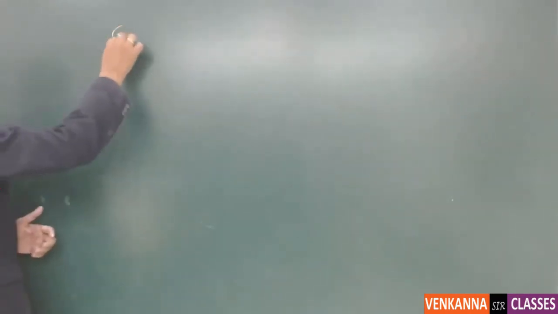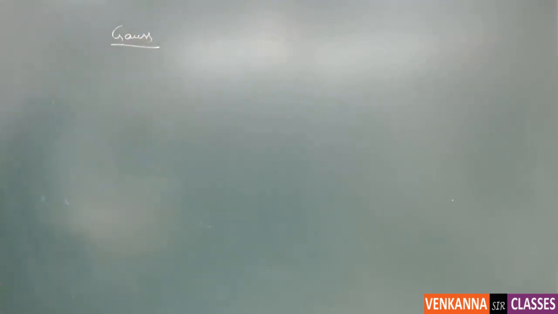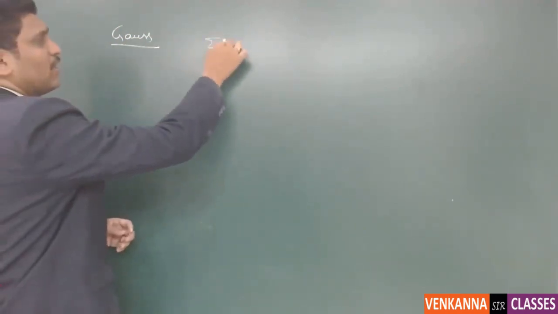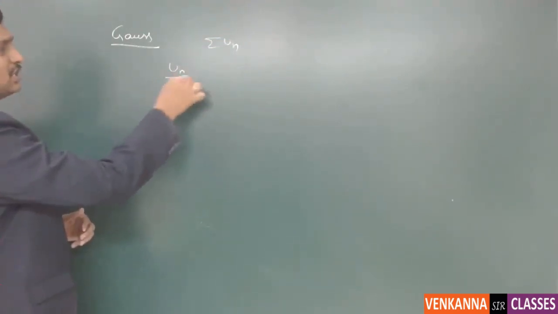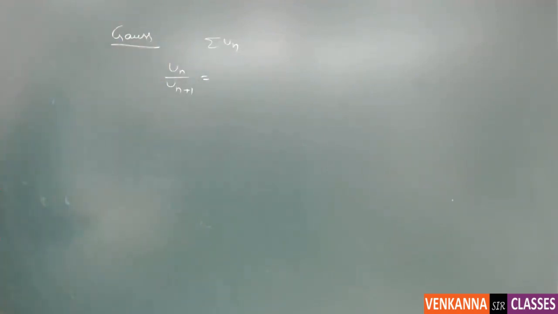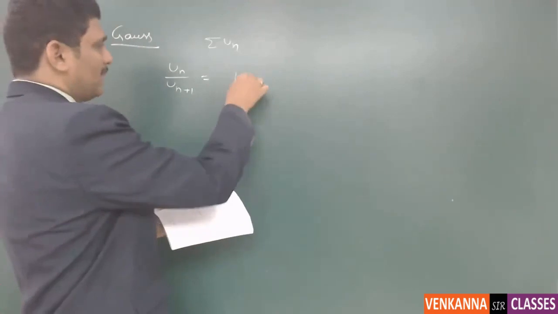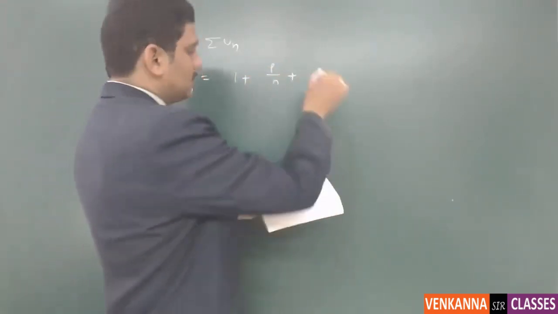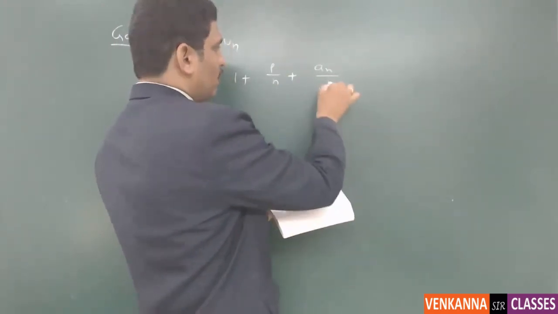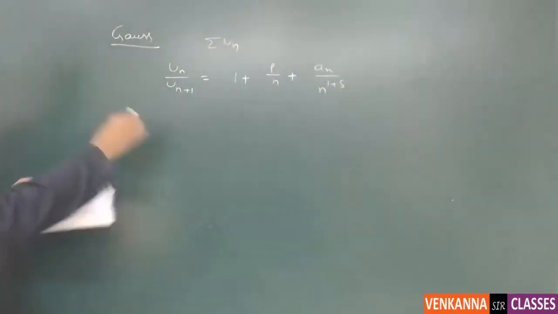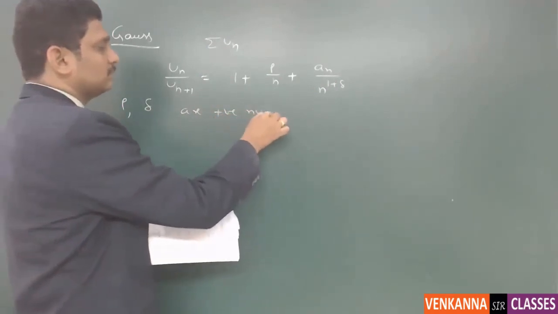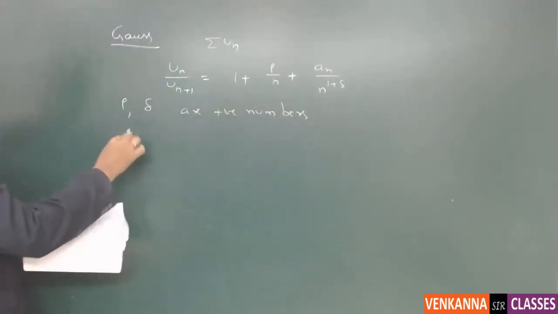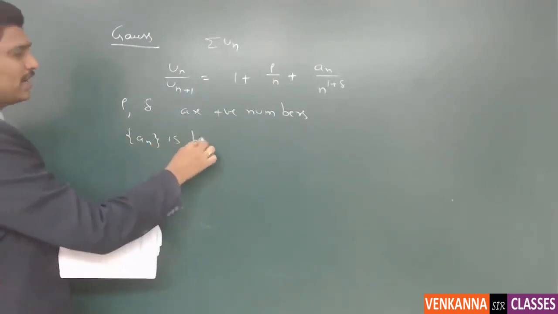So take a note of the Gauss test, what it is giving. If we have sigma un, a series of positive terms, you can write un by un plus 1 equal to 1 plus rho by n plus an by n power 1 plus lambda, where rho and lambda are positive numbers and an is a bounded sequence.